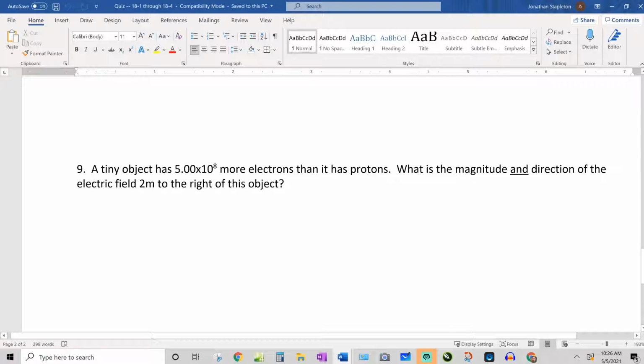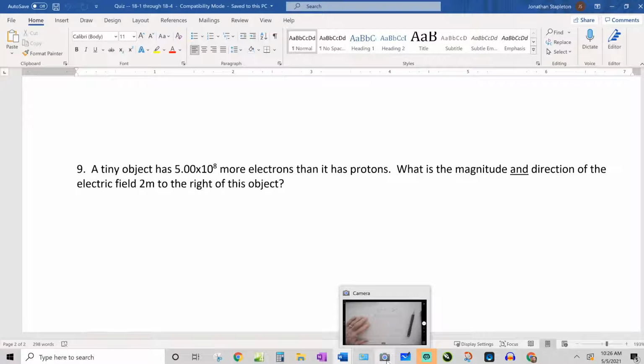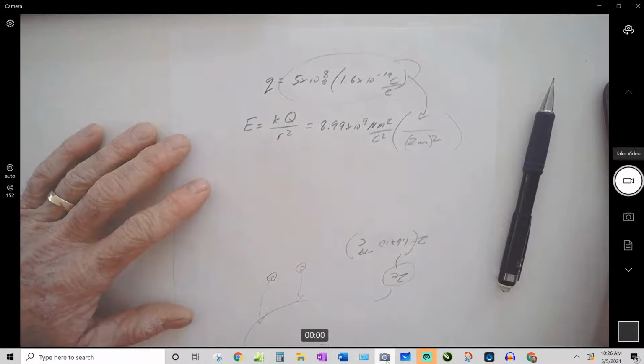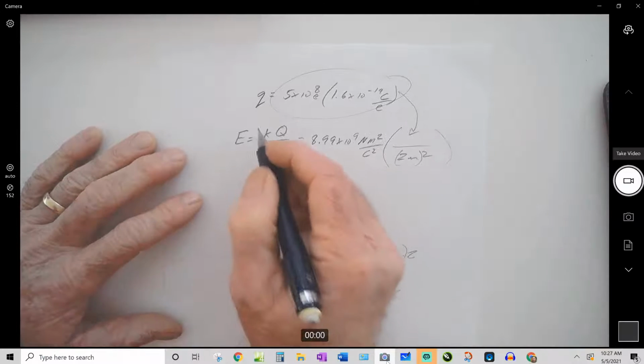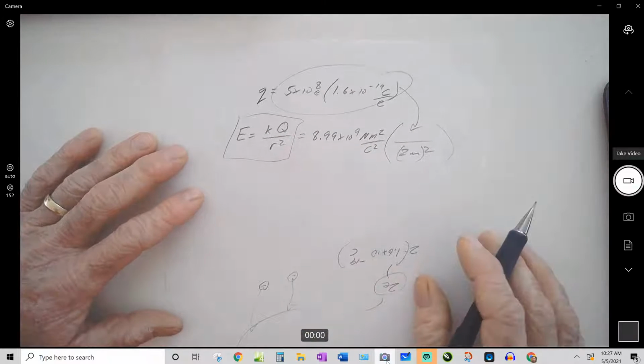I haven't completed my solution, but here's what I've got, if you were wondering how to do this. So this is one of the electric field equations.